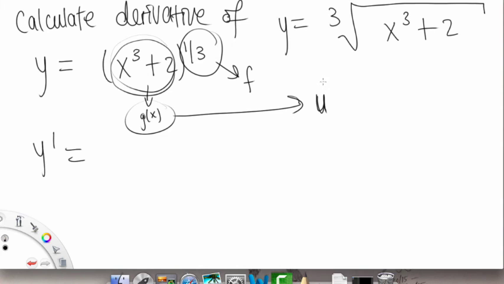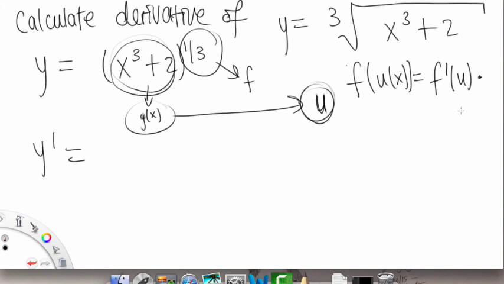I personally don't prefer this, but some people might, so I'm just going to introduce it here. If you make our inside function u, then our chain rule would look like f of u of x equals f prime of u times u prime of x. So that would be another form of the chain rule, if you'd like to remember it that way. It's basically just replacing our g of x with a u.